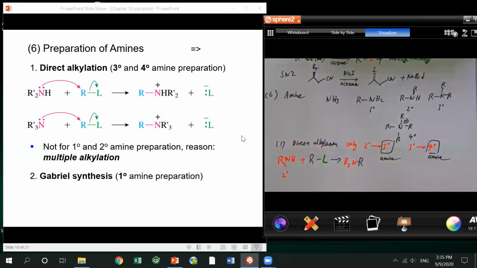The leaving group gets picked up by the hydrogen. So that's your tertiary amine. Similar thing if you want to prepare a quaternary amine: we start with the tertiary amine.